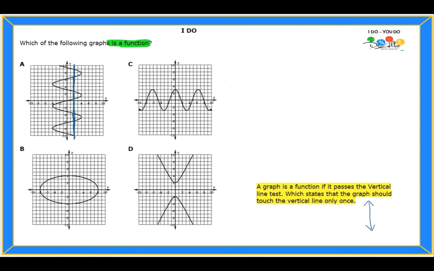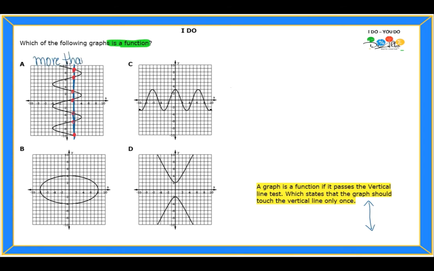Is my graph touching my vertical line once or more than once? I think it's more than once. Look at that: 2, 3, 4, 5, 6, and probably 7. So I can see that the vertical line test fails here, because it's not touching it once, it's touching it more than once.